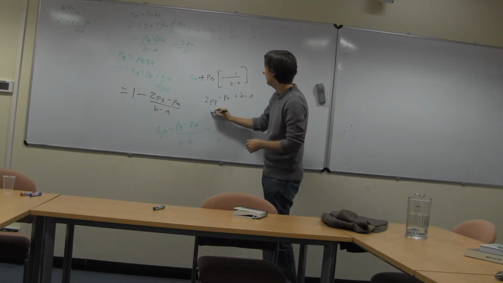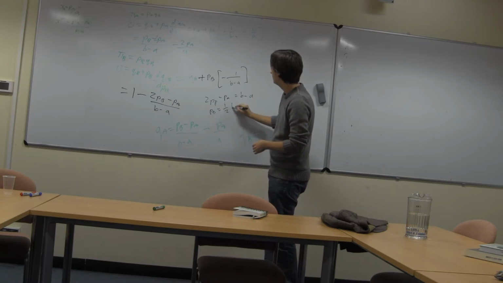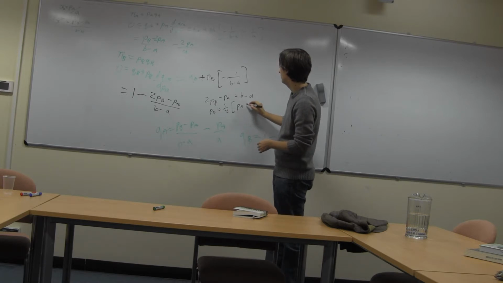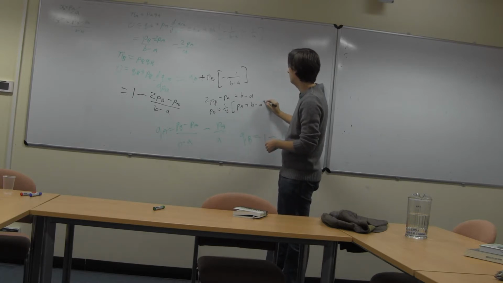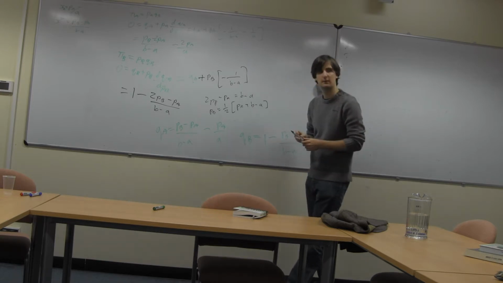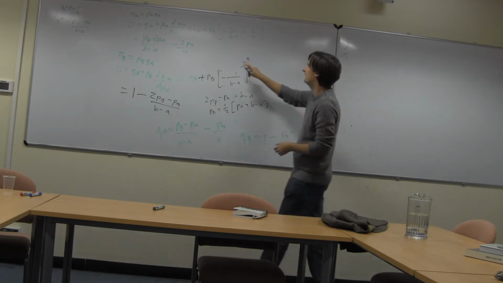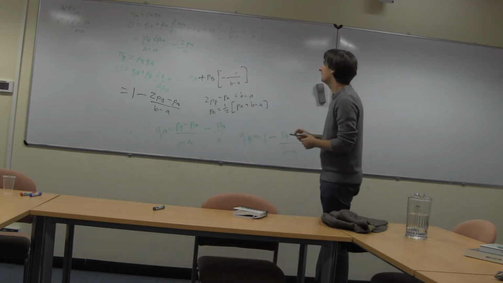So PB is equal to half of (PA plus B minus A). And then once you have this, you can just substitute this into this equation.